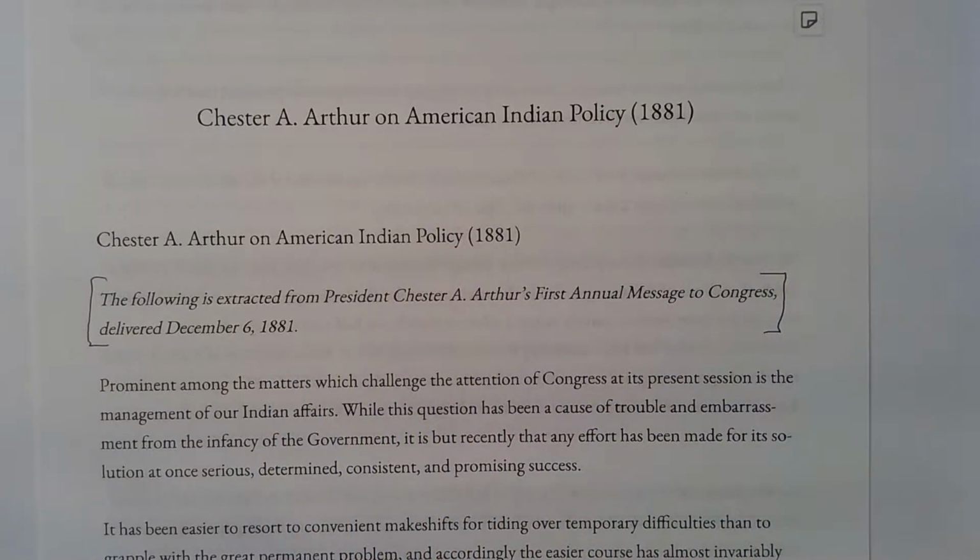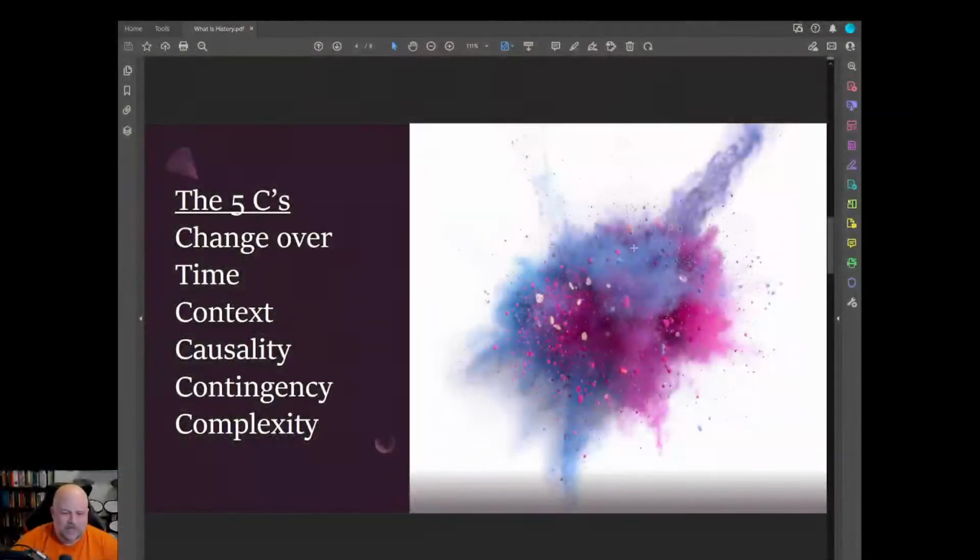So there are a couple of things that we can pull out from this right away, so we can set ourselves up for understanding this primary source. And the questions that we're going to ask, if we go back to our 5 C's, you guys remember the 5 C's from the other day? I know, it's like, oh man, what's he talking about?